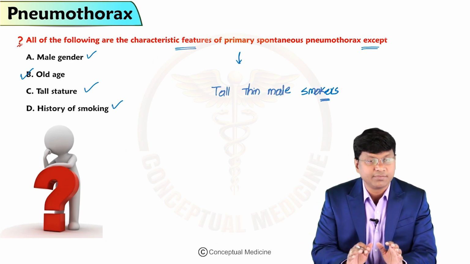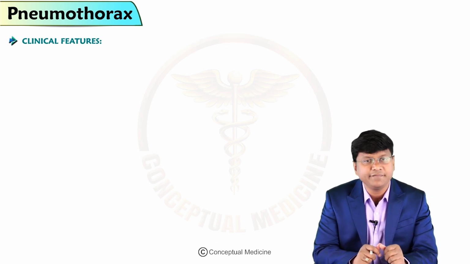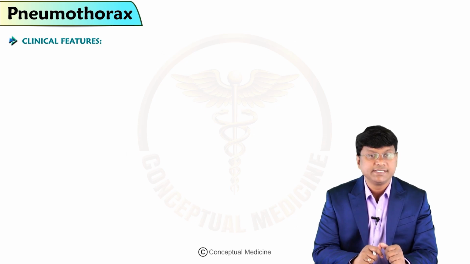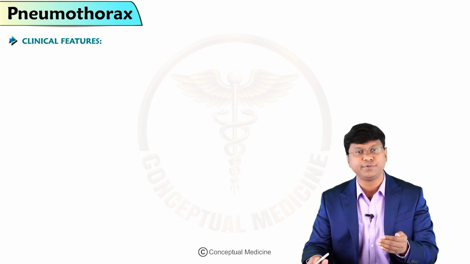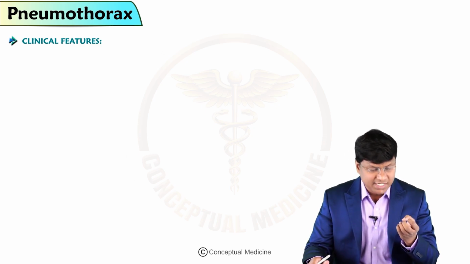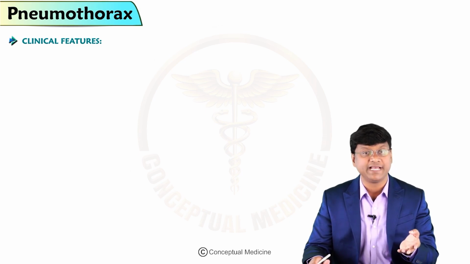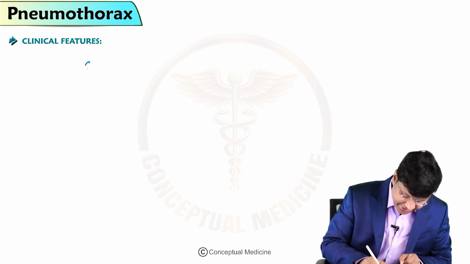Now, having discussed the etiology in detail, let me discuss the clinical features in patients with pneumothorax. See, what exactly is the problem here? There is entry of air into the pleural space, because of which the lung is collapsed. Once the lung is collapsed, the exchange of gases does not occur, and thereby the individual will develop sudden onset dyspnea.